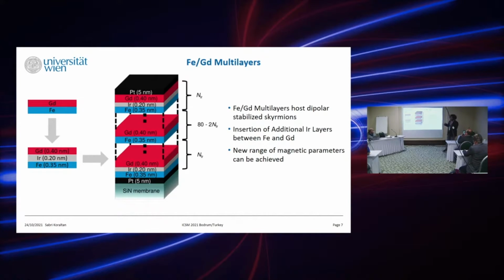In this case, we achieve a completely new range of magnetic parameters, which allows us to see multiple structures. The only problem is that iridium is known to introduce a little bit of DMI in the system. You can also make it introduce a lot of DMI, but in this case, it might introduce some DMI.